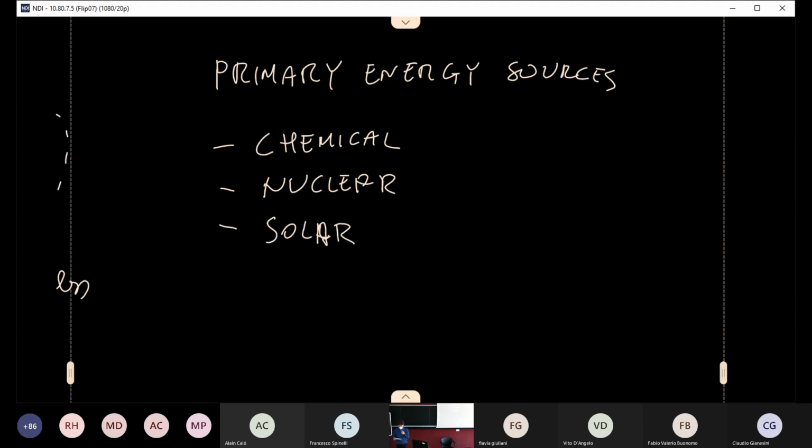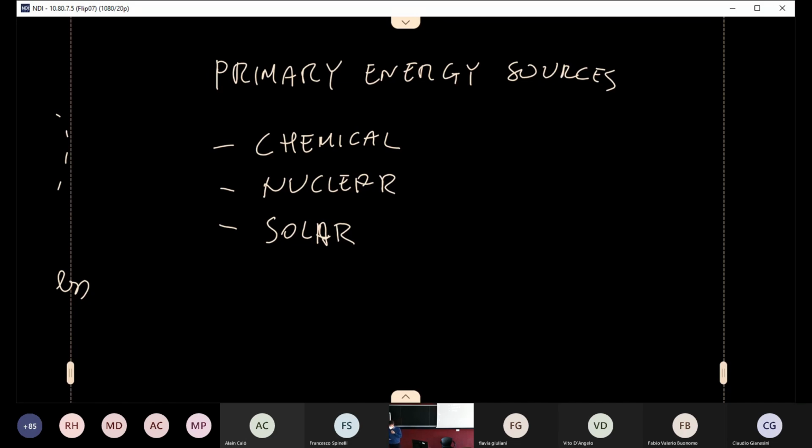Of course, a different kind of energy is the solar one that is not available on board, comes from outside, and so is unlimited. I mentioned before also other kinds of energy. For instance, the most cited one is, of course, the electrical energy, but you must consider this is a secondary energy.